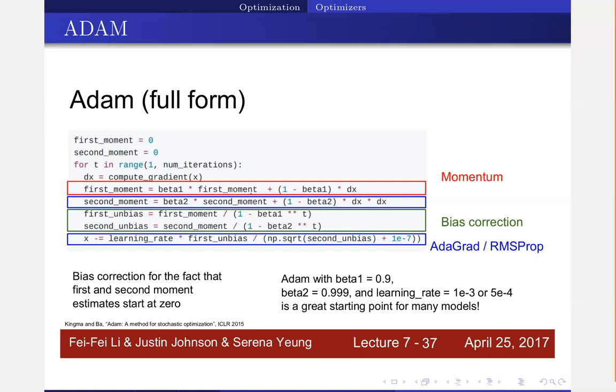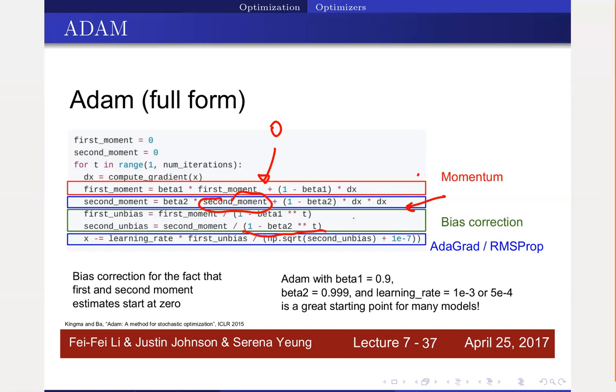When I do the moving average, consider the second moment: I don't have a value for it at the start, so I just plug in zero for the beginning. Therefore there will be a lot of bias. So what they did is simply divide that by 1 minus beta 2 to the power t.